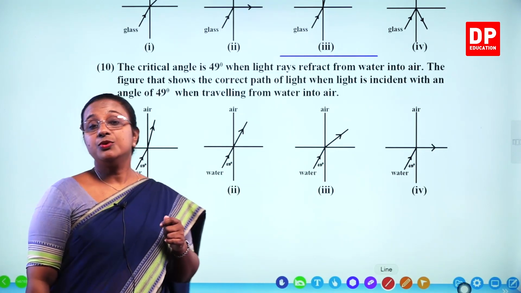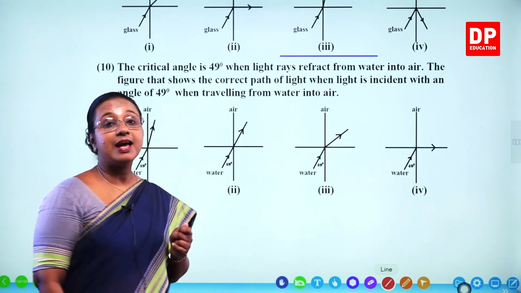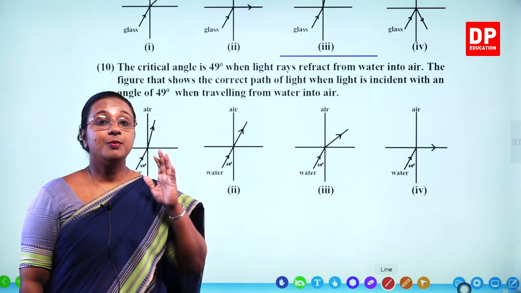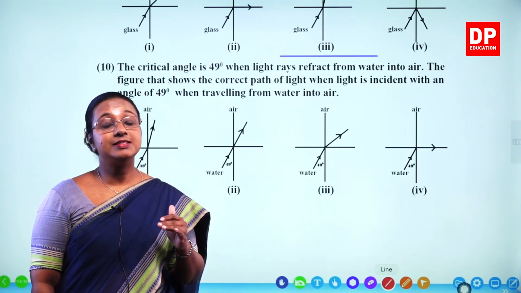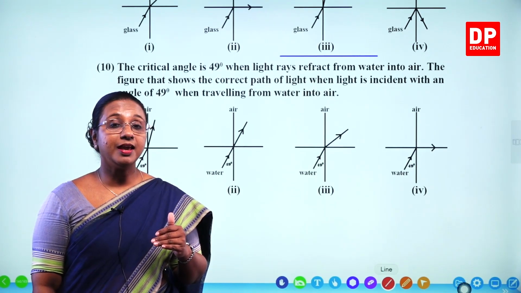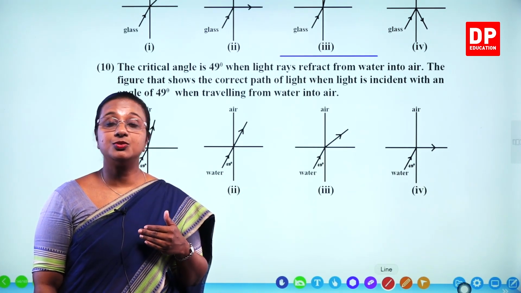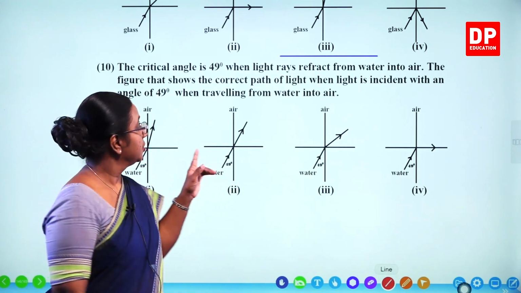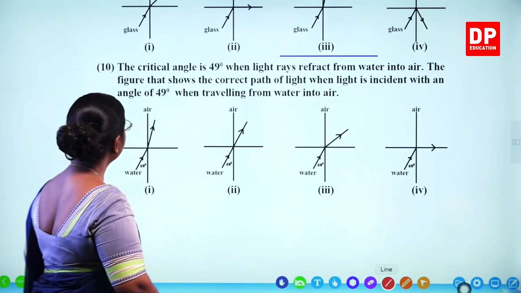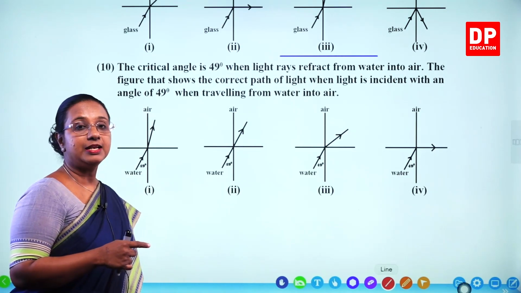So, I am sure you know what critical angle is. Here you can see critical angle is 49 degrees. When the incident angle is equal to critical angle, what happens to the refracted ray? It refracts through the interface between the two media. So, here you know what has to happen. So, in this also the angle is 49 degrees.